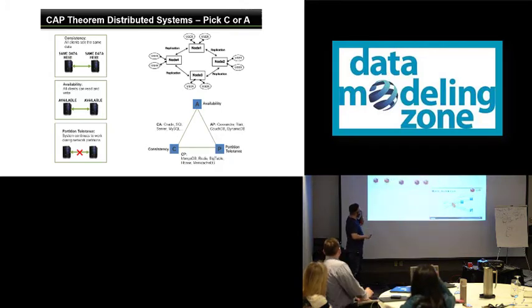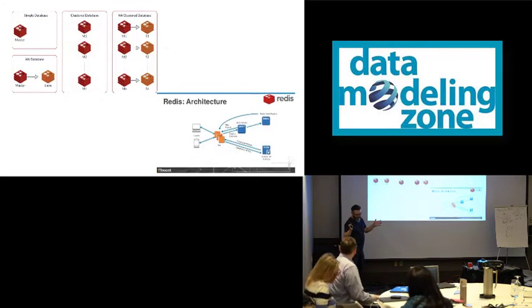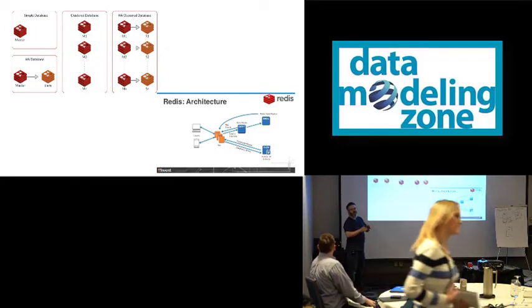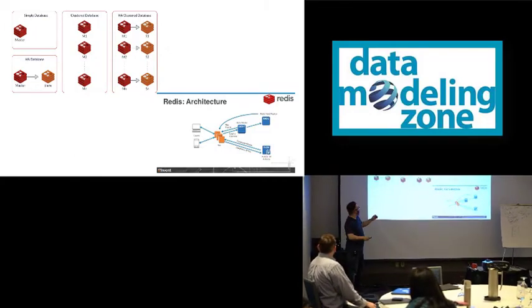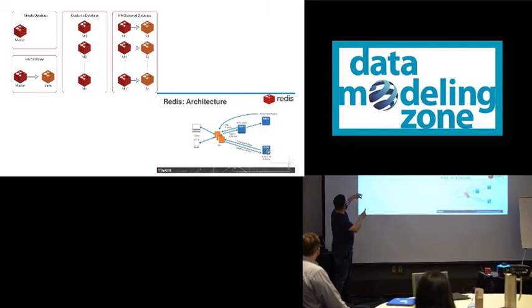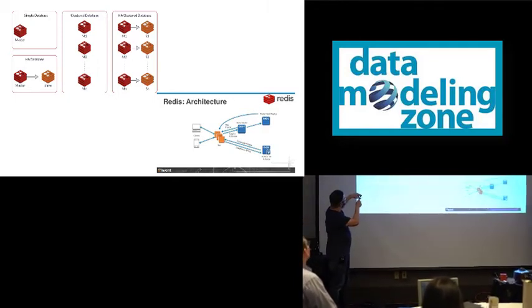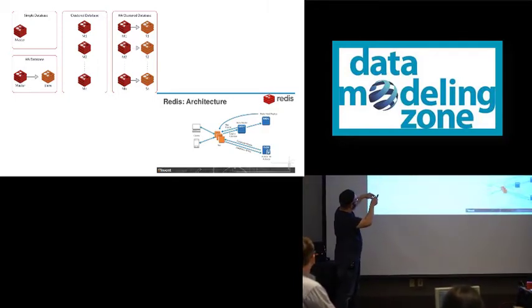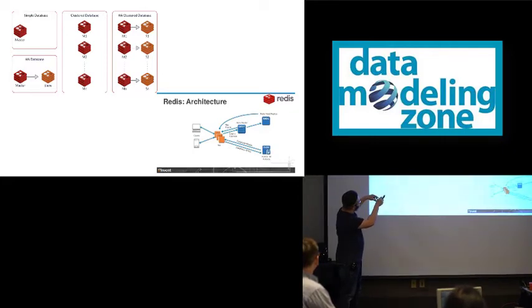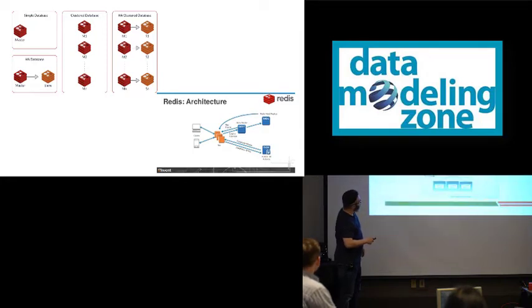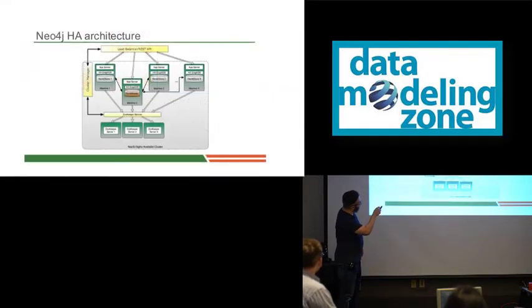By point of reference, what I want you to get out of all this is that everybody is using nodes. Redis has a concept of a master database. For high availability, we have a master and slave. For clustered, we start adding them in. And for highly available, we start just adding them in. With Neo4j, we've got a node. We start bringing them together into a cluster. And that's how we get consistency and scale up.